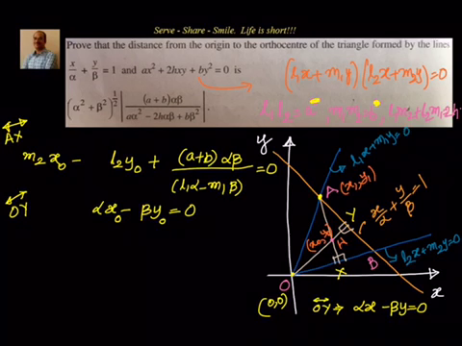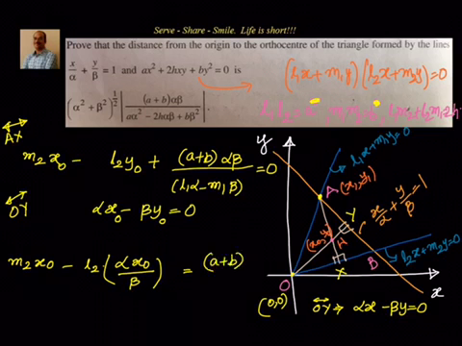Out first x value, so I'll write down m2 x0 minus L2, I'll write down as it is, y0 is nothing but alpha into x0 by beta is equal to, I can take right hand side to left hand side, I will have a plus b into alpha beta divided by m1 beta minus L1 alpha.